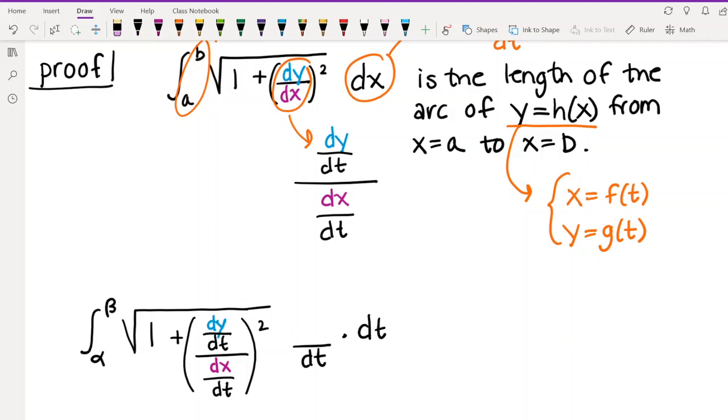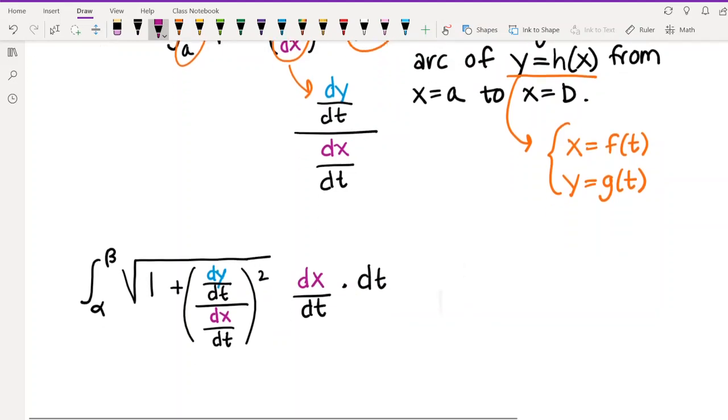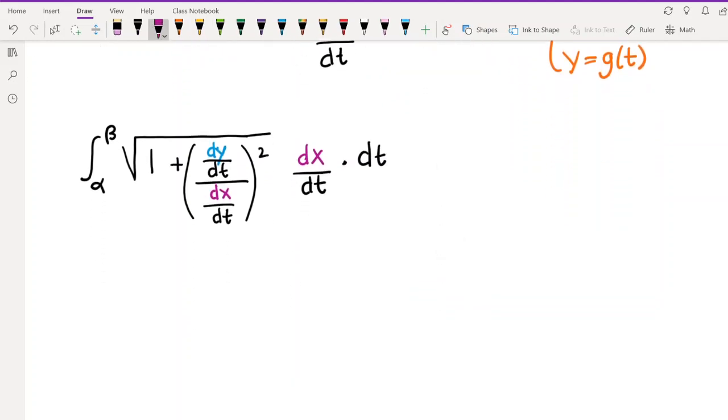And let me actually make this purple too, so that we can see how things cancel out. Okay, so the next thing that I'm going to do is take this dx dt and rewrite it as dx dt squared and bring it inside of the square root, right? You're allowed to do that.